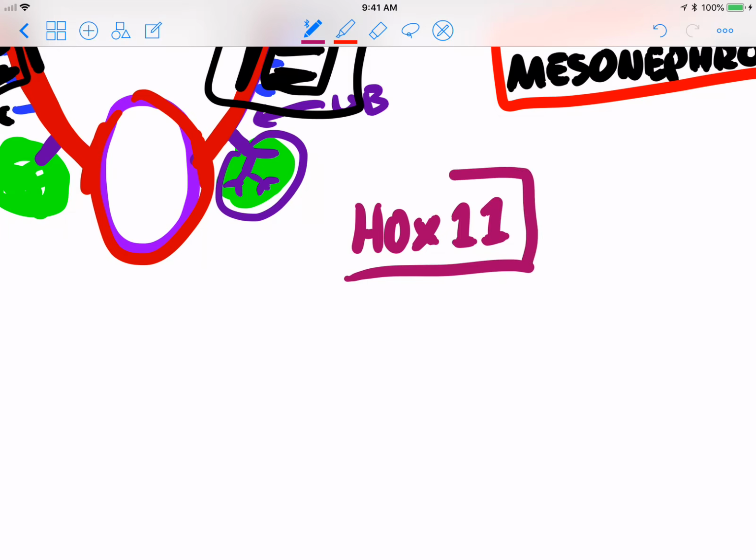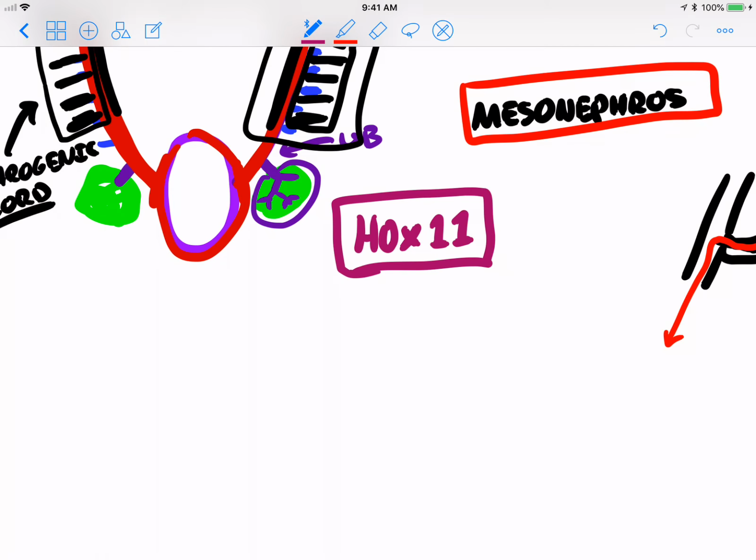And HOX11, homeobox gene 11, is what is going to largely localize the mesonephros. So the pronephros tubules are degenerating, they're connecting to the nephric duct, but they're not doing anything. The mesonephros is developing caudally, and the mesonephros is connecting to the mesonephric duct.